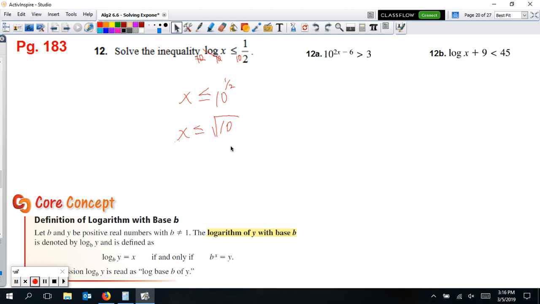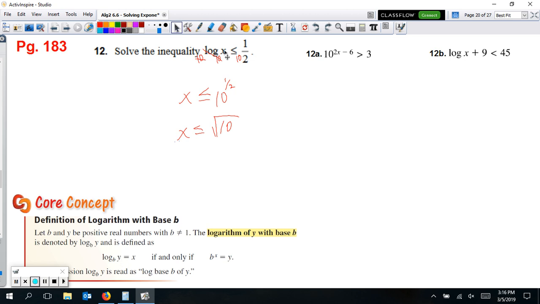That is not the final answer, because remember, if we have an inequality now this is a range. It's just saying that x is less than this square root of 10, which is about 3 point something. But remember that in this problem, x cannot be anything negative or even 0. It has to be positive. So that's what this is saying down here. I've reminded you of the definition of a logarithm. It says let b, which is the base, and y, which would be actually this part here in our problem.